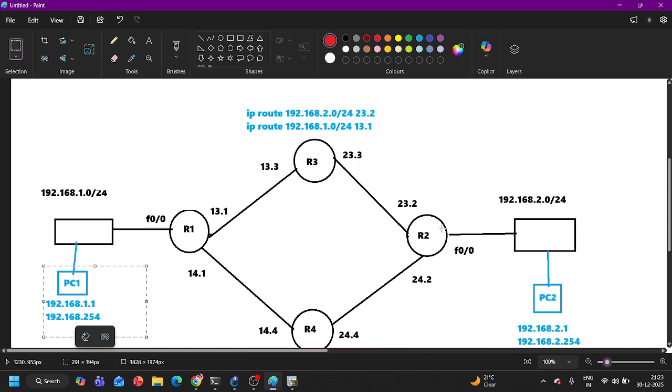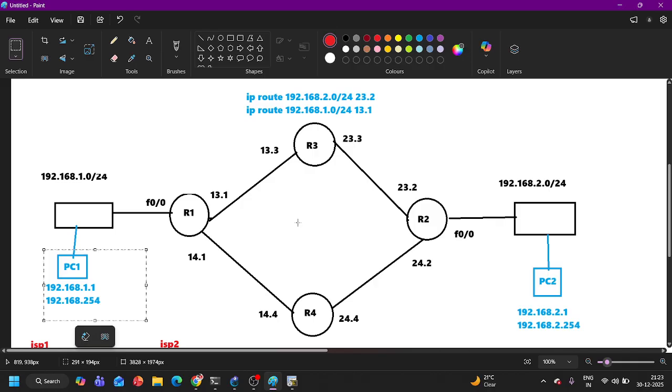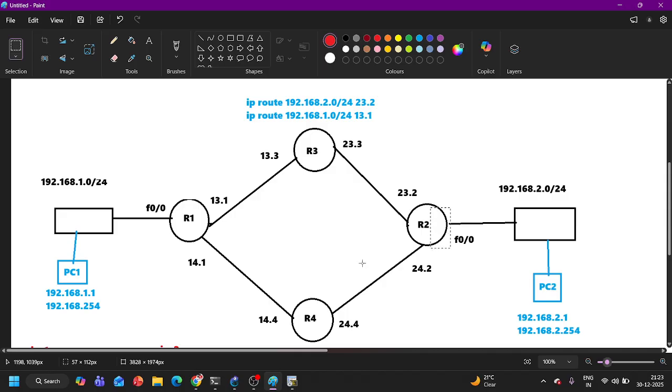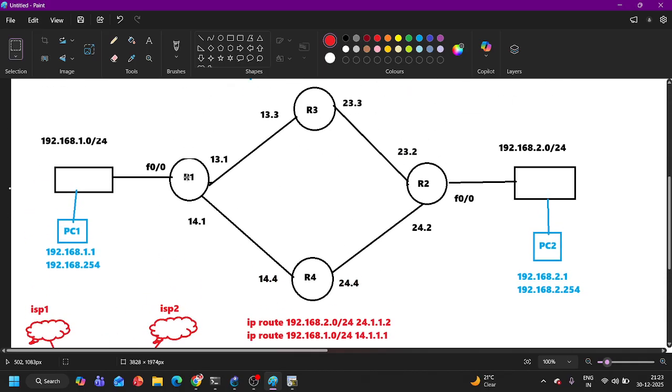Here you have configured routing properly on router 3 and router number 4. On router number 1, I will forward traffic for this subnet via R3, and on router number 2, I will forward traffic for this subnet via router number 4. So this will be the static route configuration. Now you guys know static routing, right? And this way in static routing, you can control the path.